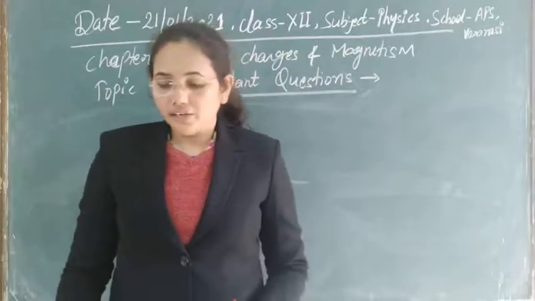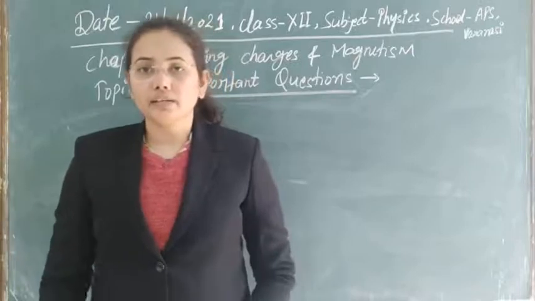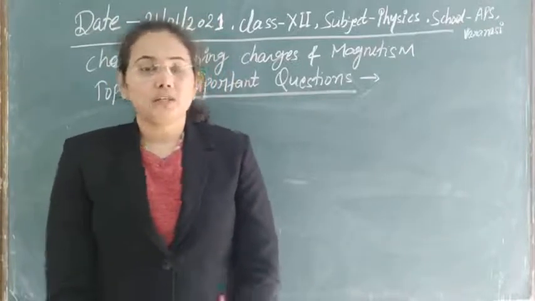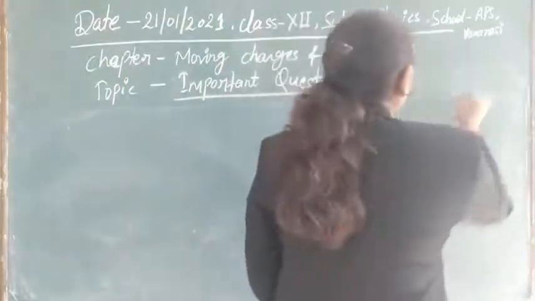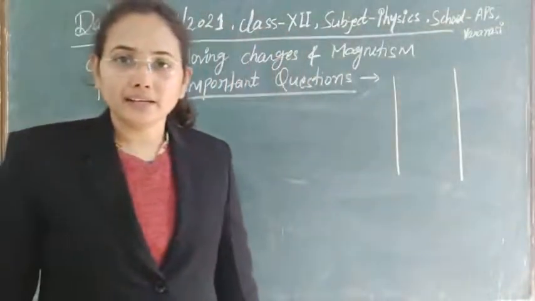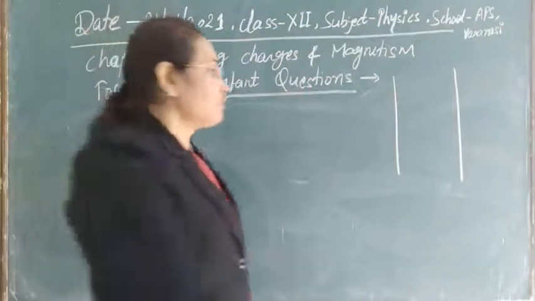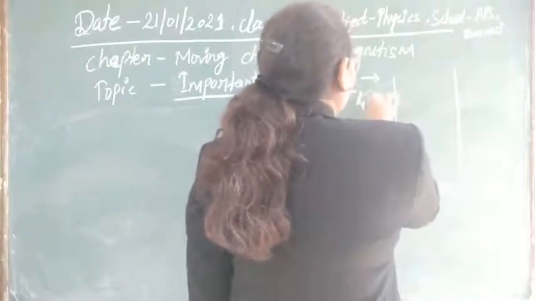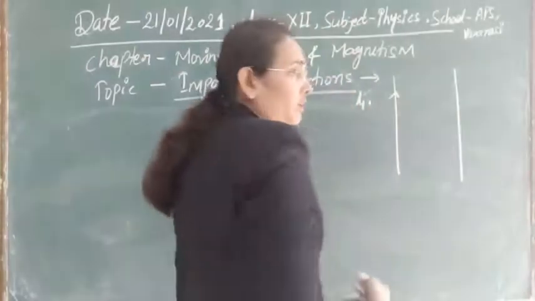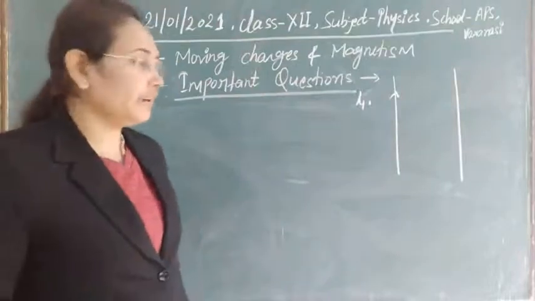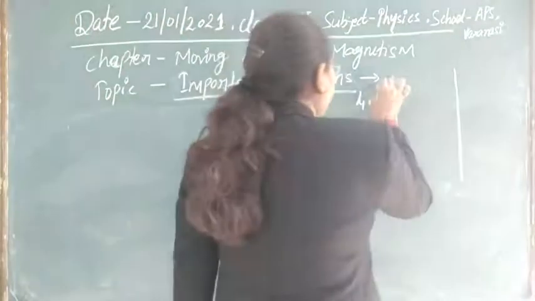Suppose we have two long straight conducting wires that are parallel to each other and carrying current in the same direction. Suppose we are not taking them as infinite but of finite length. This wire is of length L1 and carries a current I1.